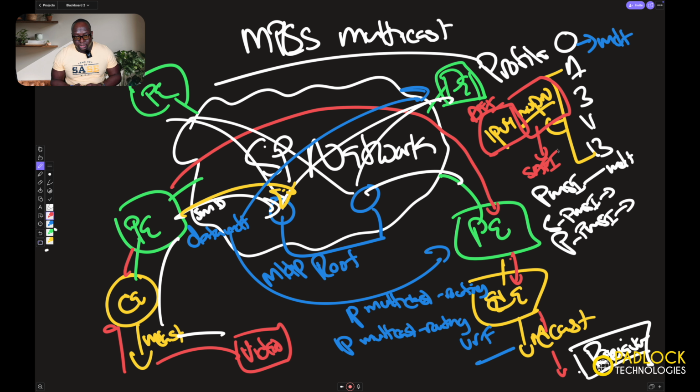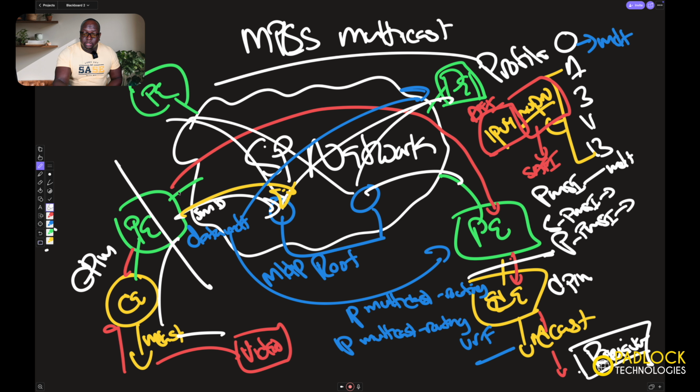Before I forget, there is one concept you need to understand here. There is customer PIM and provider PIM. From the PE down is C-PIM, customer PIM, right? This is what you're going to tunnel over to the other side.